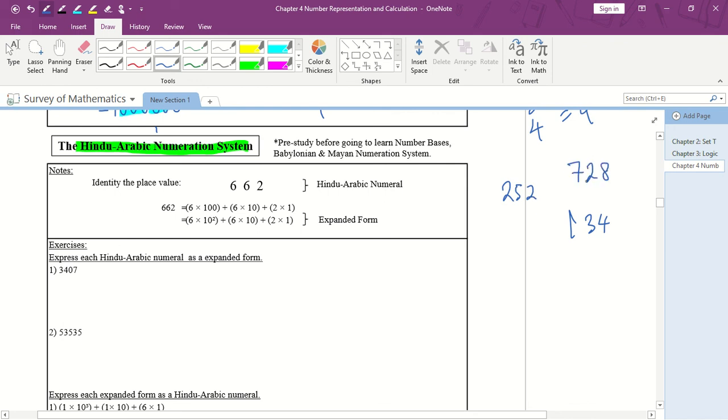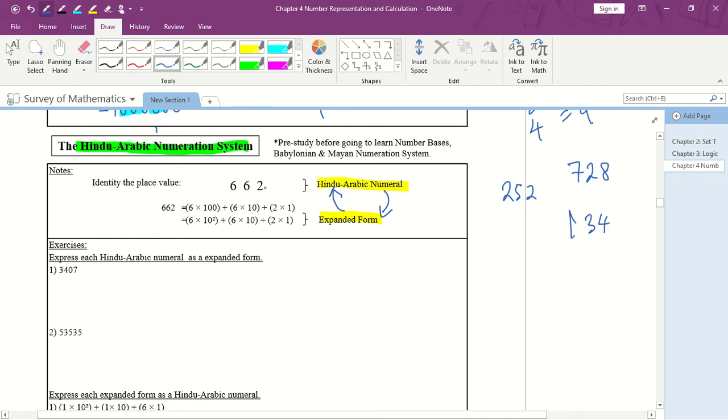Those are the numerals that we use daily. However, what we'll be learning here is we need to know how to convert from Hindu-Arabic numerals to expanded form. We need to know how to convert into this form and also convert back to the numeral form.